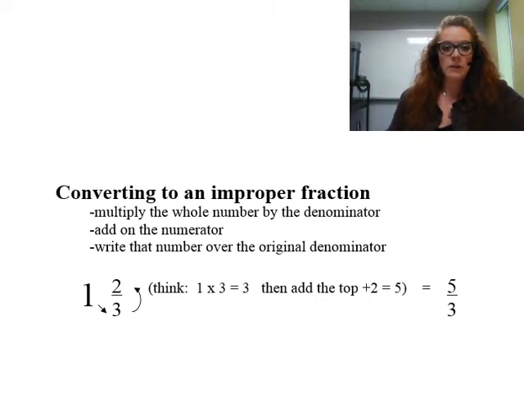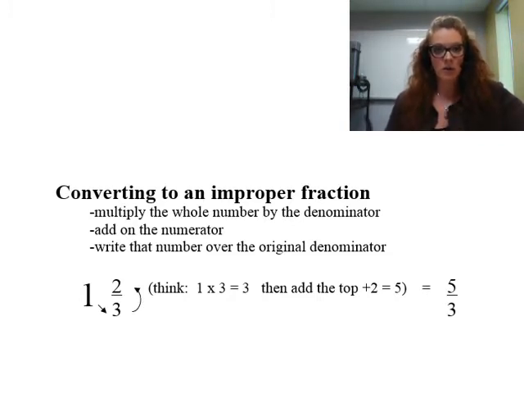There are a few different ways that you can convert a mixed fraction to an improper fraction. So mixed is when you have a whole number and a fraction, like 1 2/3, and improper is what they end up with on the other side there, 5/3. Improper means the top is bigger, the numerator is bigger than the denominator.